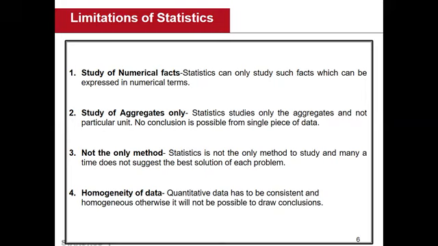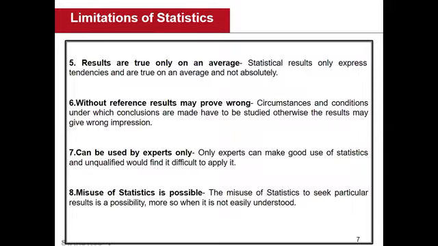Quantitative data has to be consistent and homogeneous, otherwise it will not be possible to draw conclusions. And the results are true only on an average. Statistical results only express tendencies and are true on an average, not absolutely. Without reference, results may prove wrong.